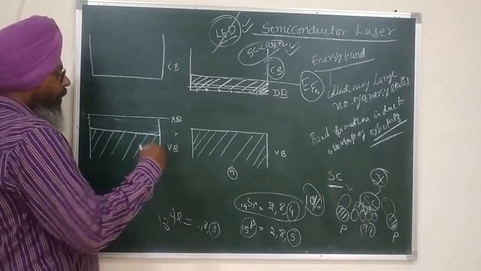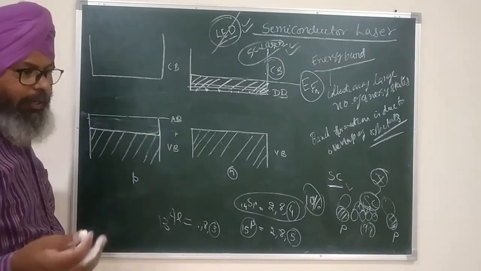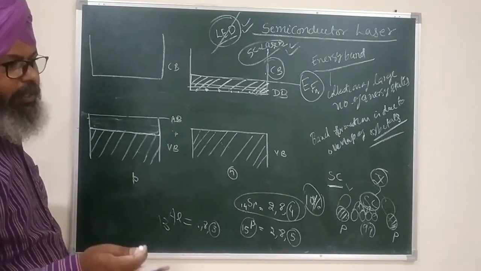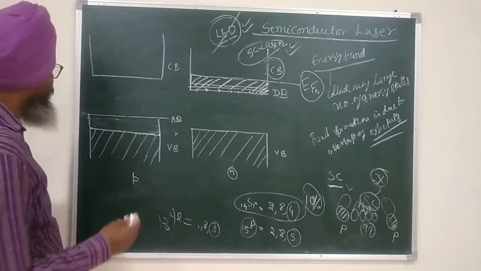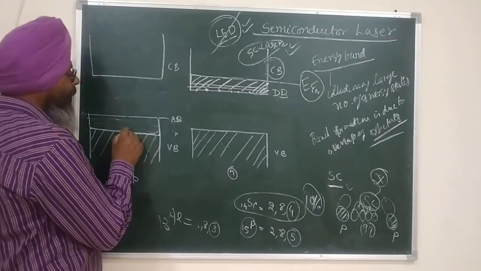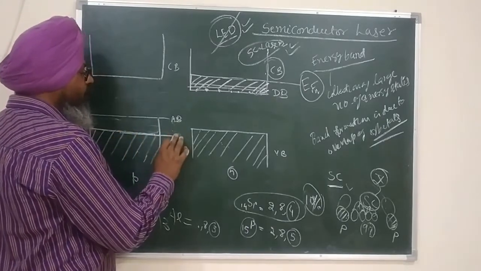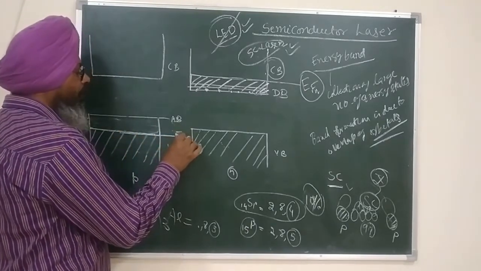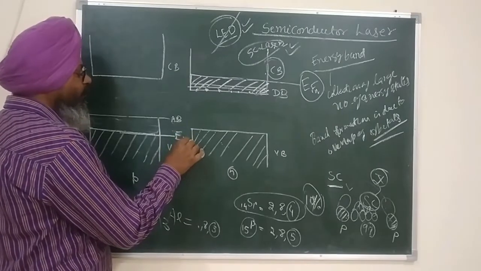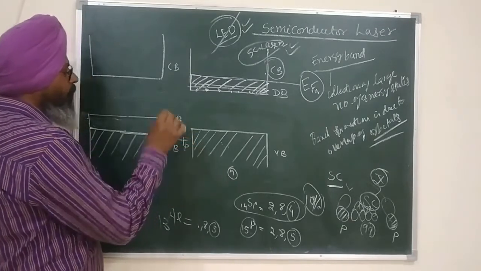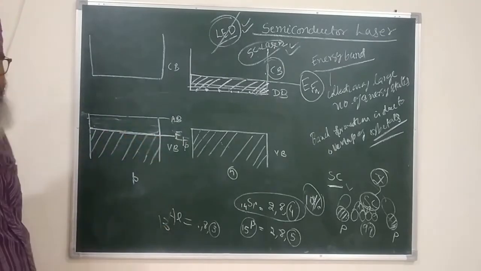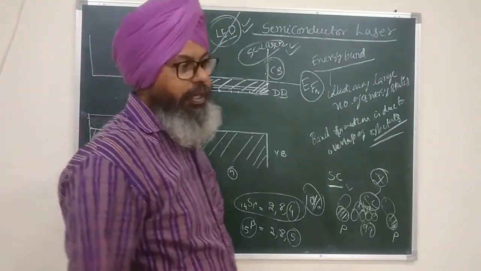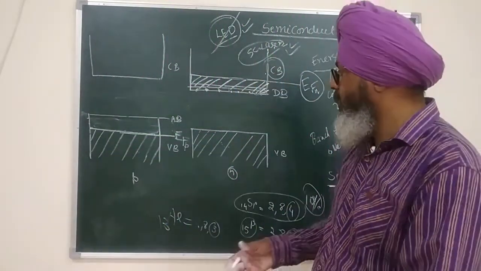Similarly, if you again apply the definition of the Fermi level, that level above which all states should be empty and below which all states should be filled, you will very easily be able to convince yourself that in case of a highly doped p-type semiconductor, the Fermi level will be at the bottom edge of the acceptor band, and the bottom edge of the acceptor band is actually inside the valence band.